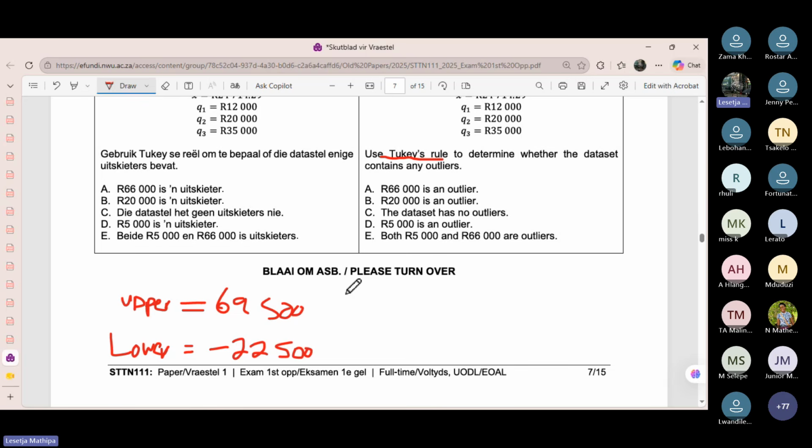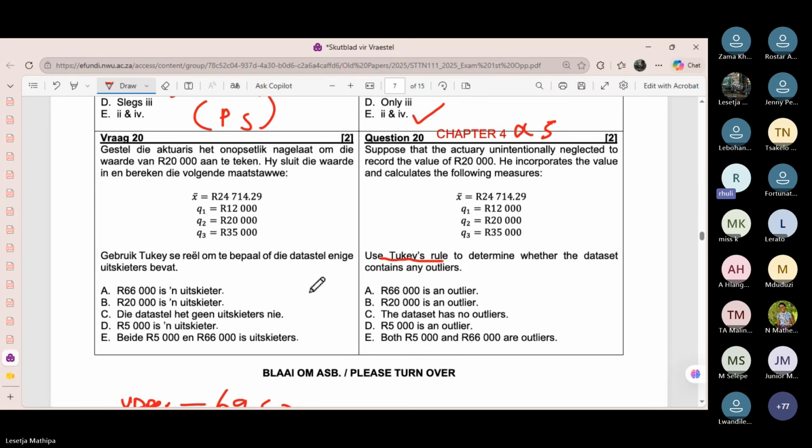Okay. So if it was one of the students who doesn't even understand the values that you're talking about, which values are you talking about? Q1, Q2, Q3, even if we had the minimum and the maximum, it will fall in.